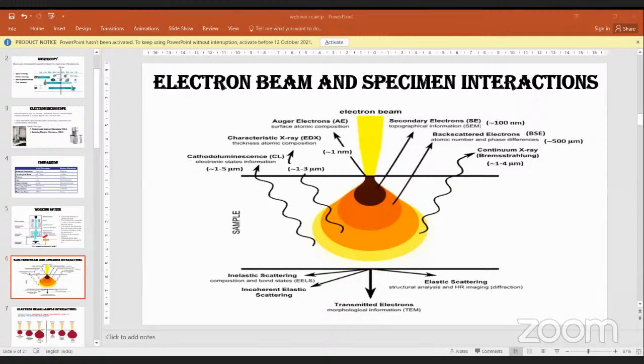The basic requirement for the sample is that it should be clean: no dust, oil free, nothing. It should be very clean. Then the sample should be conductive. Most biological samples are non-conductive, so this is the main problem we will be facing.